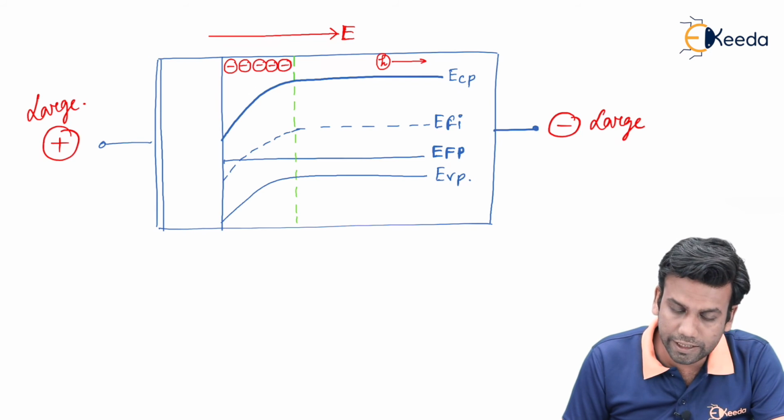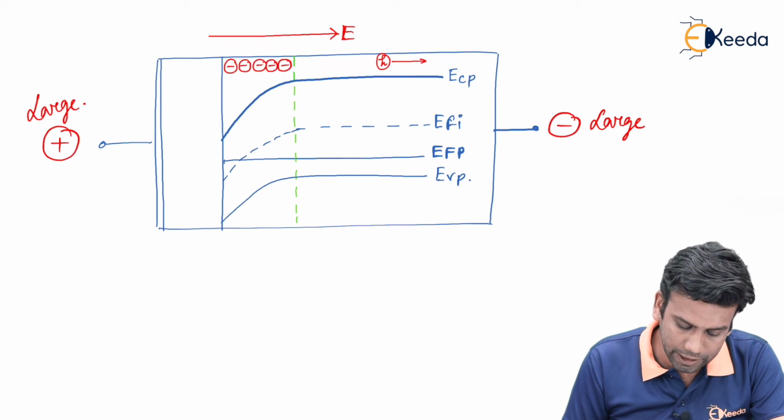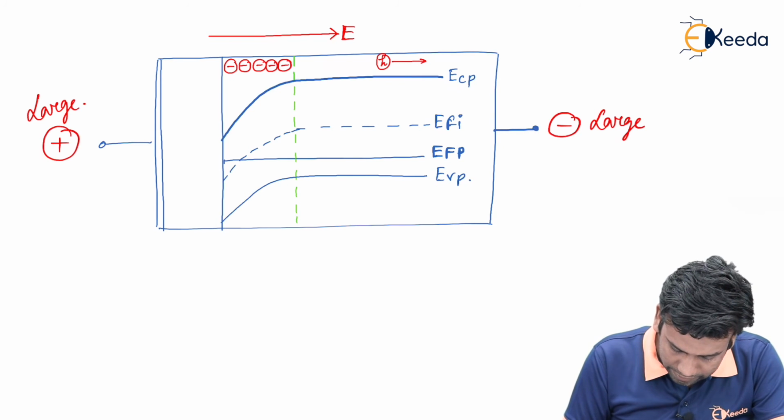That is why these negative acceptor ions will provide the negative charge near the interface.